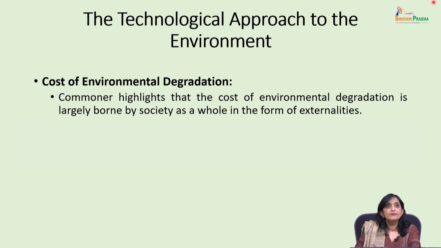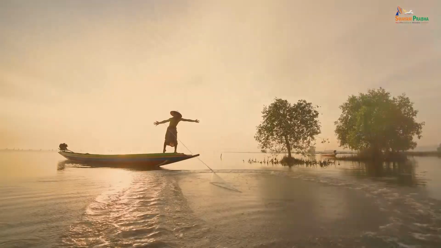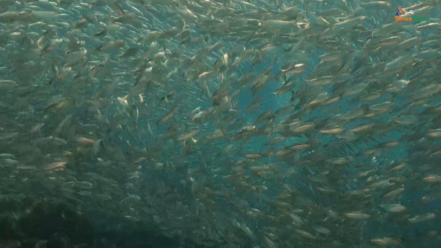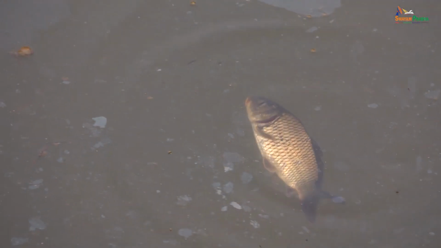Then, Commoner says that this is associated with a cost. He highlights that the cost of environmental degradation is largely borne by society as a whole in the form of externalities. For example, if there is a fishing pond and a community is overfishing, then over a period of time it will destroy the whole ecosystem, or the life below water gets destroyed.